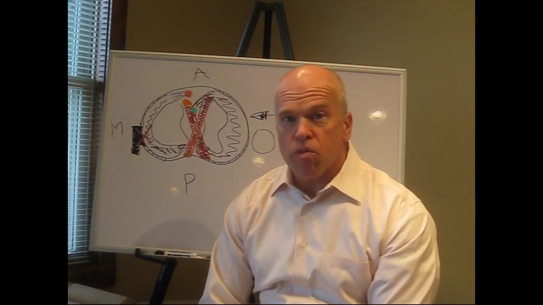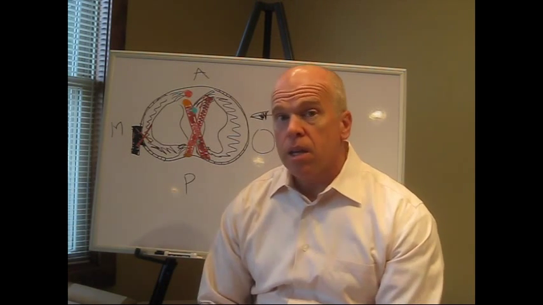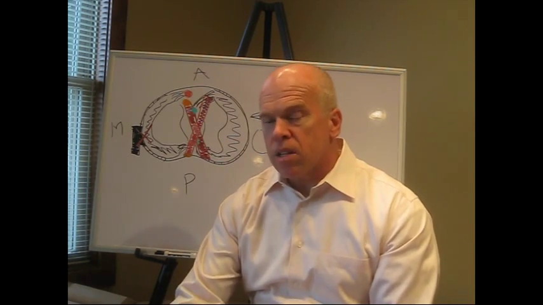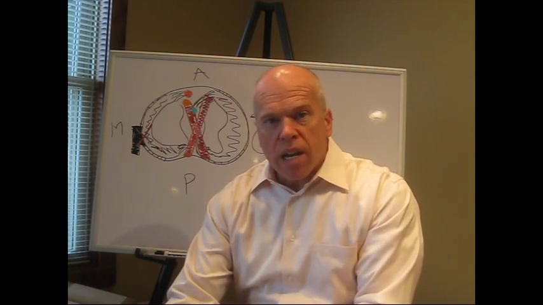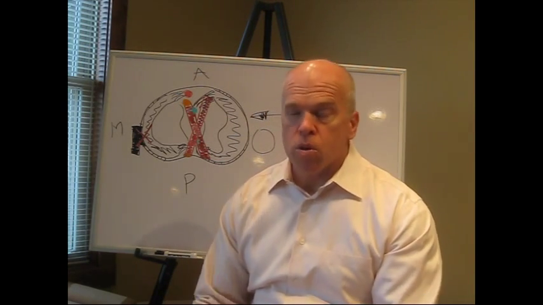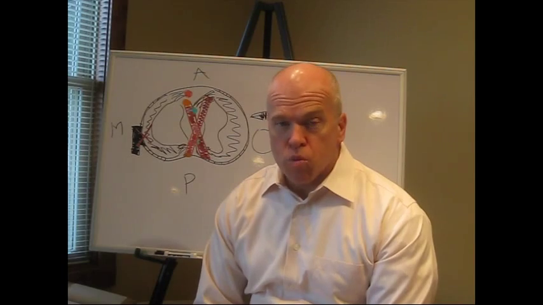Typically, it's a rotational force of the femur on the tibia because the foot is usually planted in an athlete. The foot is planted while the upper body is rotating around the tibia, and then there's a laterally directed force that disrupts the whole thing.